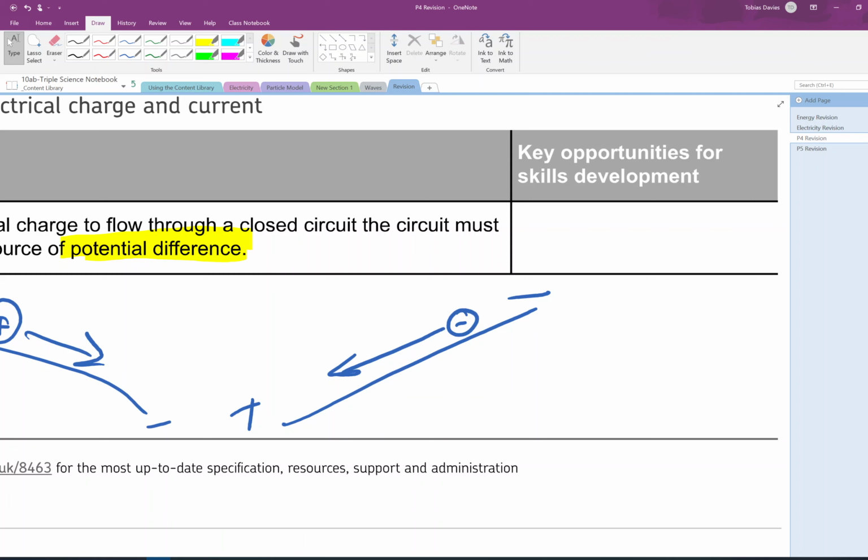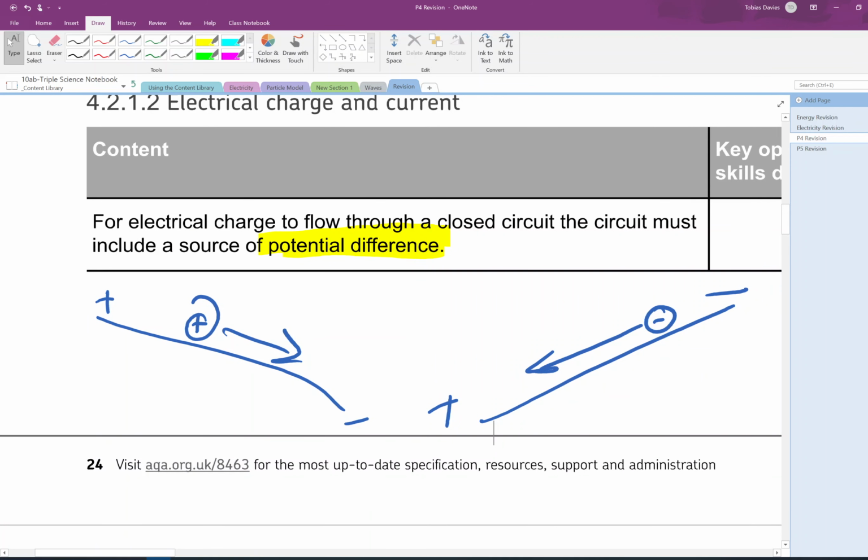But in terms of an electrical potential difference, we call that a voltage. So if you had a negative charge, it would move from negative to positive. It would roll down the hill, and you can think of that in the exact same way as a ball rolling down a hill, or you can think of the negative charges being attracted towards the positive.